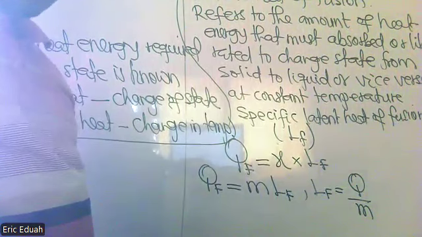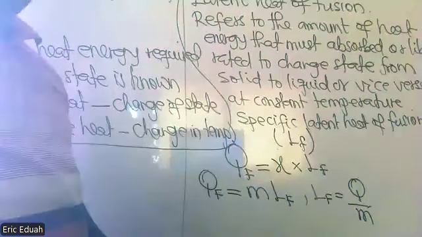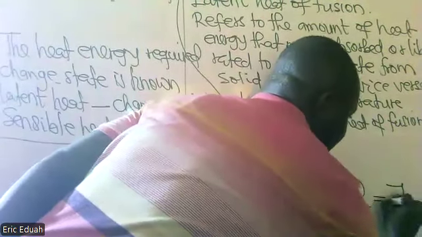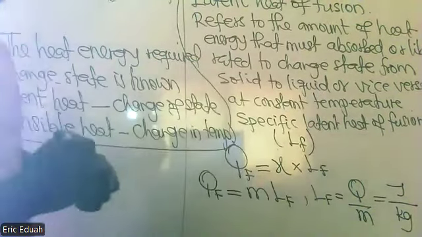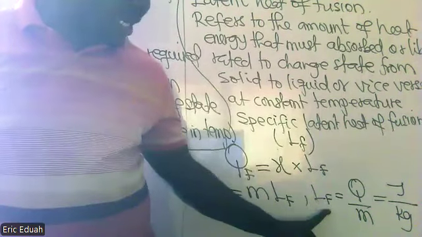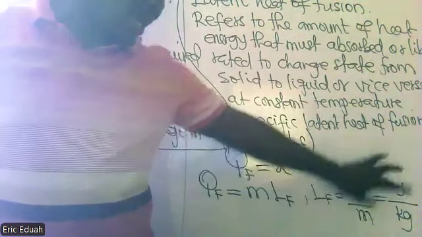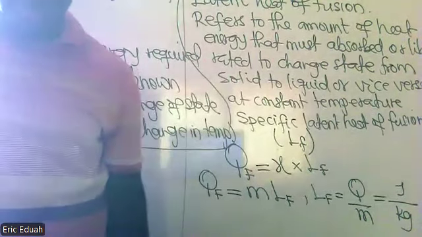Said yeah, please. Joule per kilogram. So quantity of heat energy in joule, and then M is in kilogram. So the SI unit for latent heat of fusion is joule per kilogram.